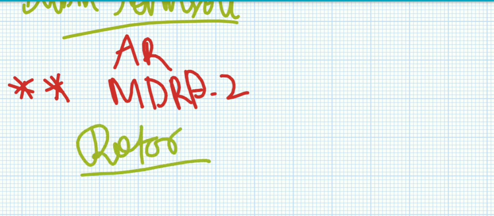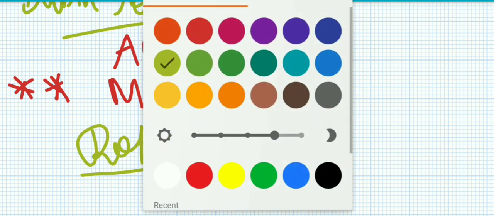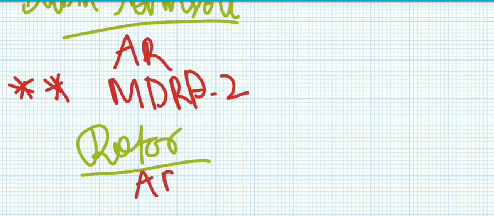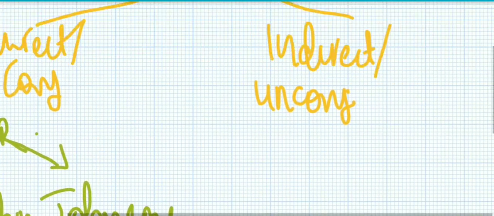Rotor syndrome is also autosomal recessive, and that is also harmless. Now when you look at indirect or unconjugated, the examples are Crigler-Najjar 1, Crigler-Najjar 2 and Gilbert.